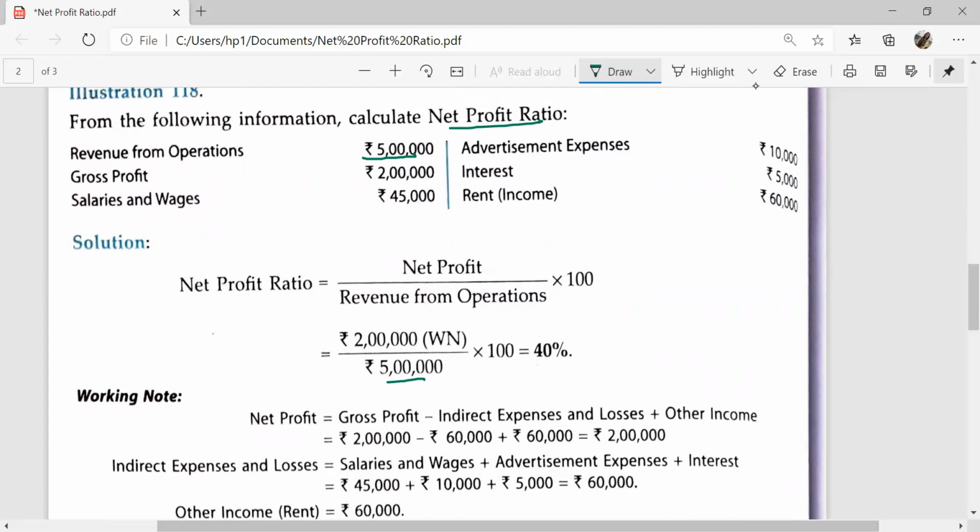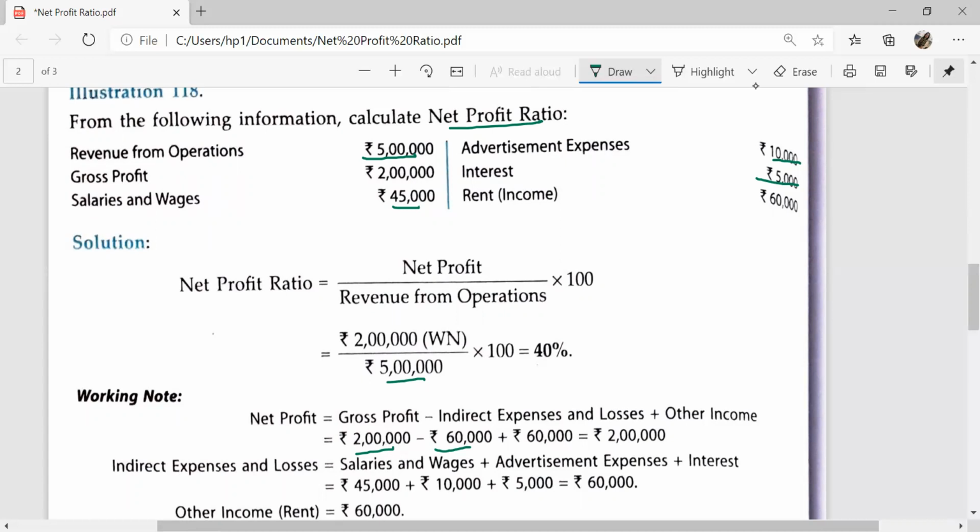Then net profit is equal to gross profit, that is 2 lakh, minus indirect expenses, that are salary and wages, advertisement expenses and interest. Indirect expenses are not directly related to production, and we show them in the profit and loss account. 45,000 plus 10,000, 55,000 plus 5,000, 60,000, and plus non-operating income, that is 60,000, and operating income is not given here, and non-operating expenses are also not given.